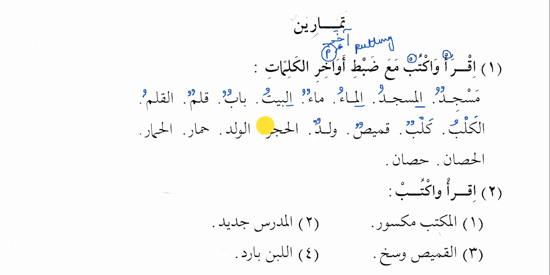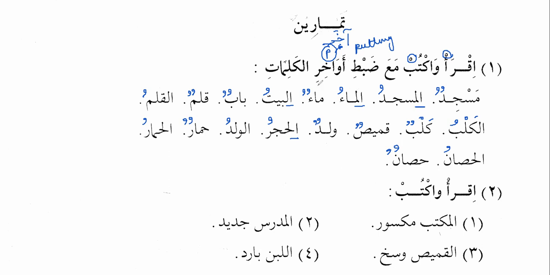Hijrun, hajarun. Al waladu, single haraka because there is an al over there, lamat tarif. And himarun, al himaru. Al hisanu and hisanun. Now you know the difference between Maarifah and Nakirah.